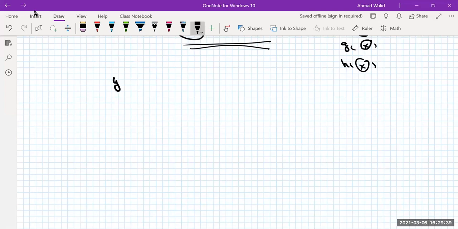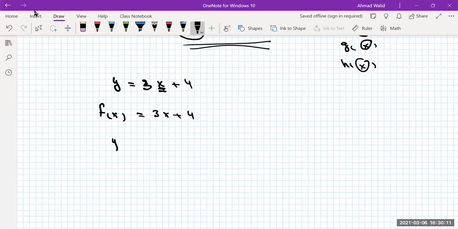For example, if I have y equals 3x plus 4 and I want to write this in function notation, I can use f. But f of what? I'll check which variable is involved in the given equation. The variable is x, then I'll call it f of x equals 3x plus 4.